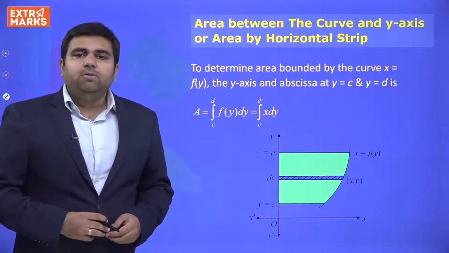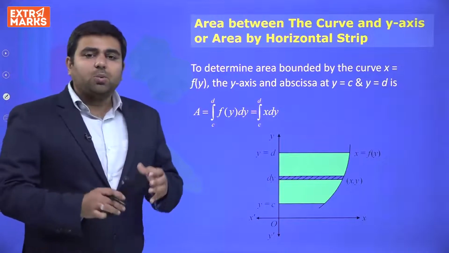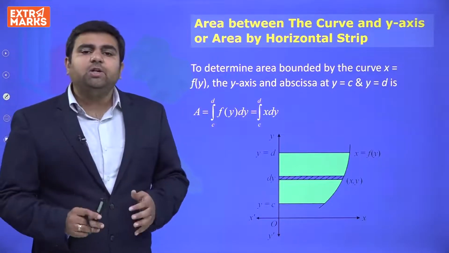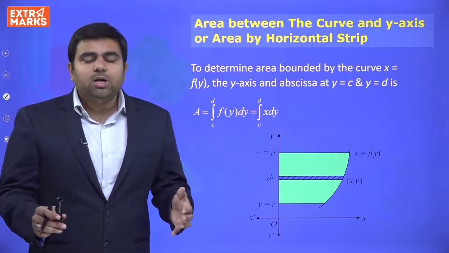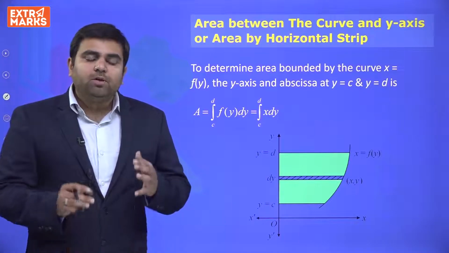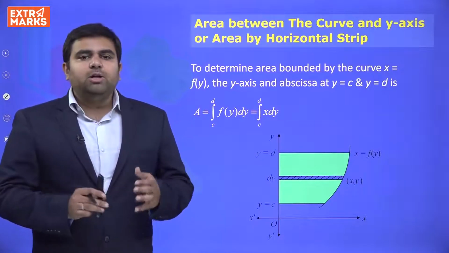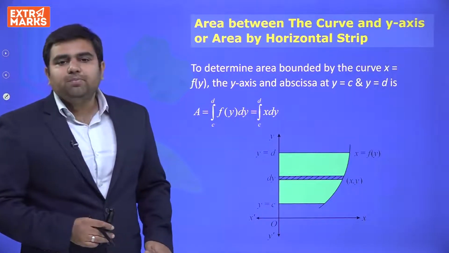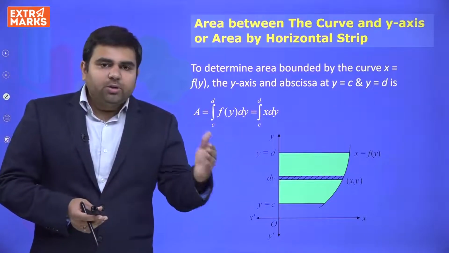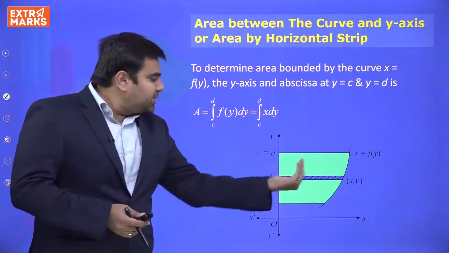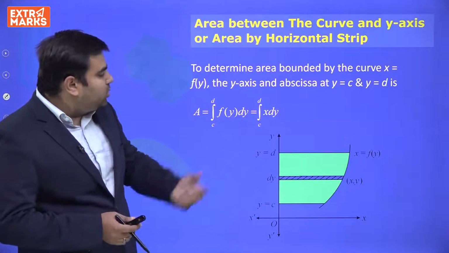So area between the curve and y-axis, or area by horizontal strip, right? So earlier what was happening? Earlier we were calculating the area with respect to x-axis between two fixed ordinates. Now the case is totally opposite. Now we will be calculating the area with respect to y-axis between two abscissa, y equal to c and y equal to d.